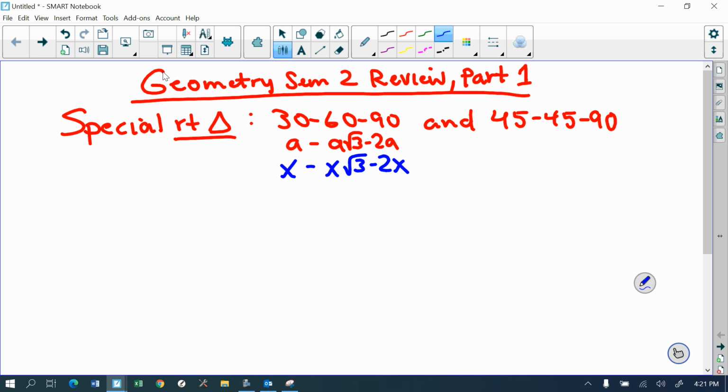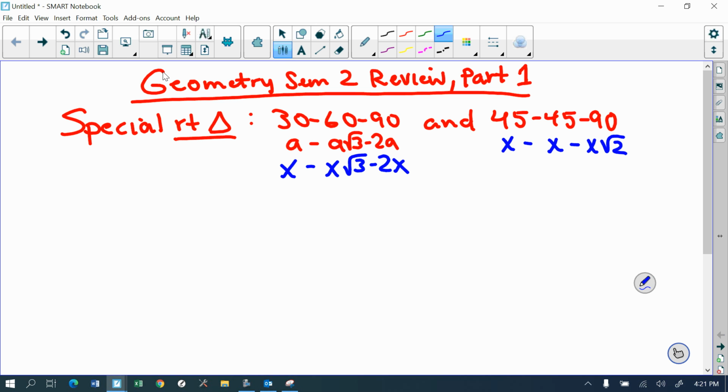Over here it would be X, X root 2. So what this is saying is if I know the 30-degree side, the 60-degree side is root 3 times longer. So I just get the root 3 along with that A, or the 30-degree side length. And the hypotenuse is double the 30-degree side length every time. It's always the same ratio.